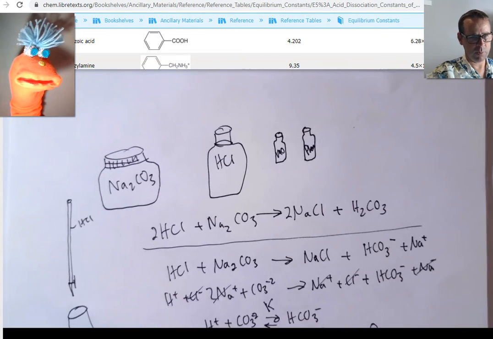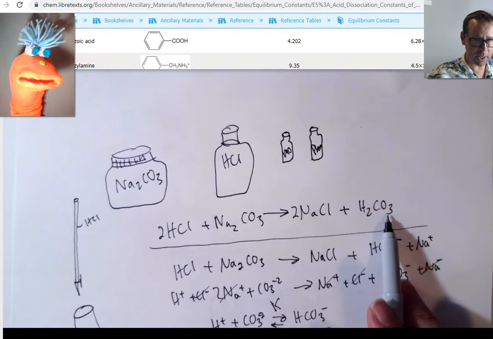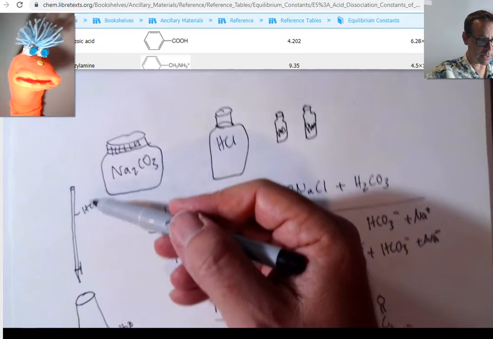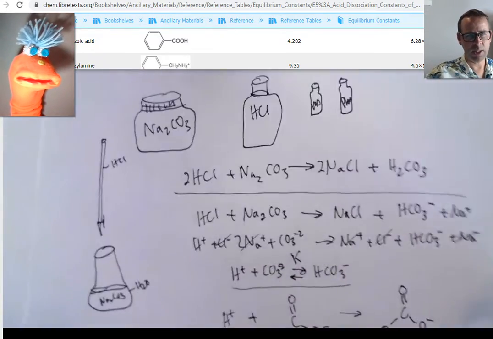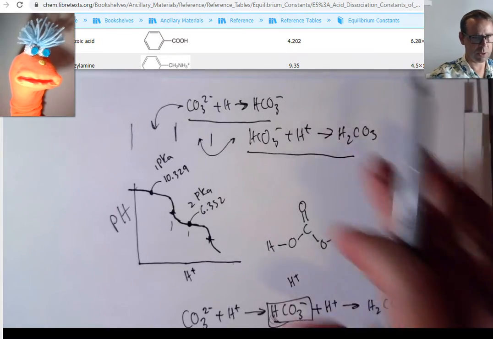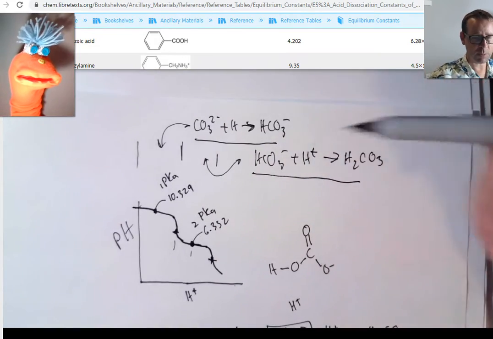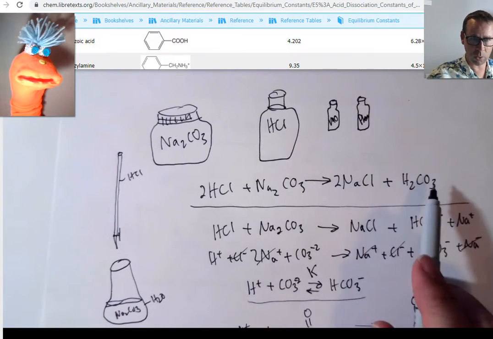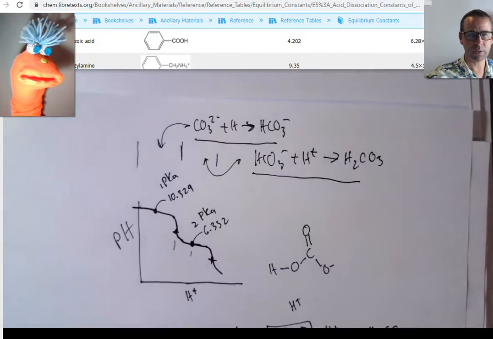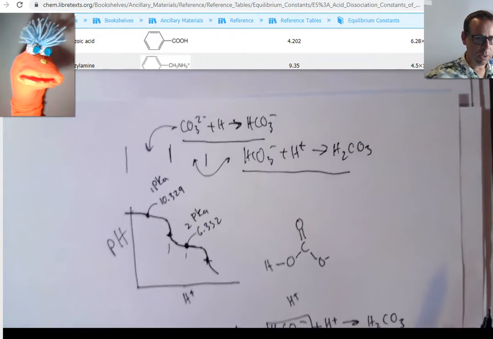From 105 and 106, we just kind of write it like this, but if we're performing it as a titration, it occurs in two steps. And these are the two steps, right? And if you add these two steps together, you'd get the net ionic equation for this whole reaction as we've written it, all right?